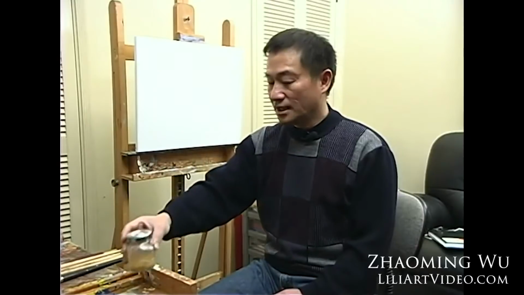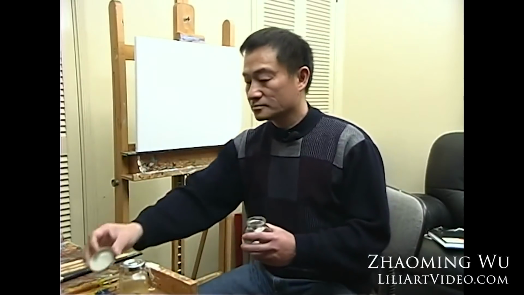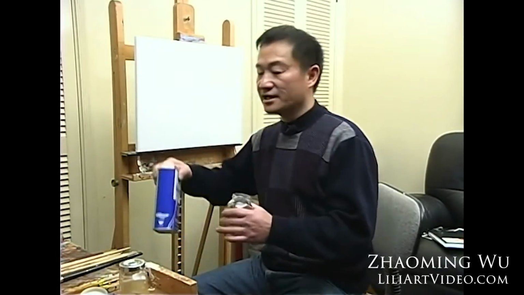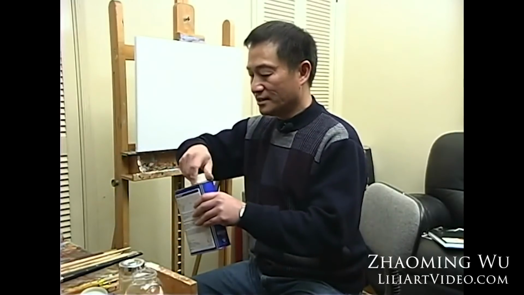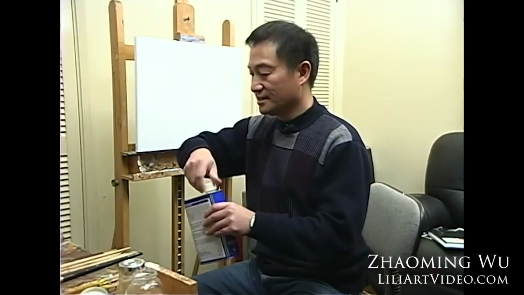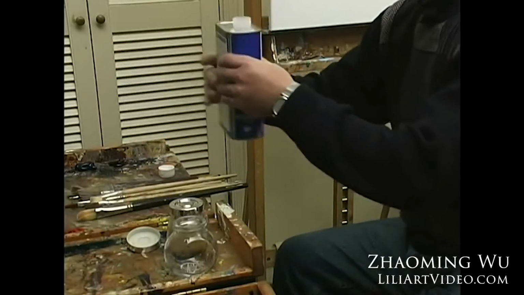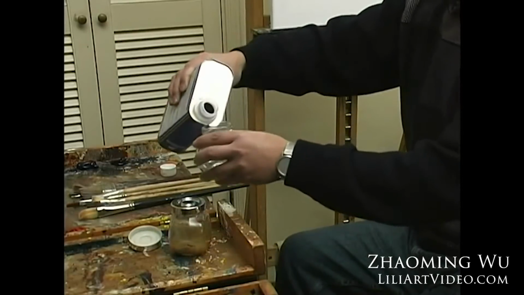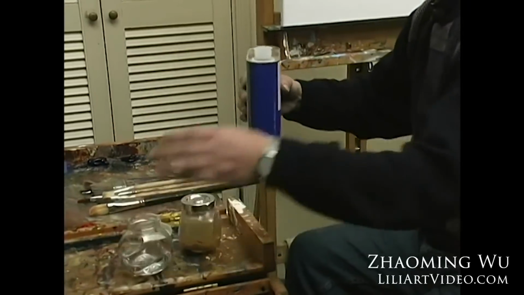And today I am probably going to use turpentine in the beginning for the sketch. Turpentine dries pretty fast, but after it dries, it gets really dull on the surface. But I'm using that for underpainting, so pure turpentine.